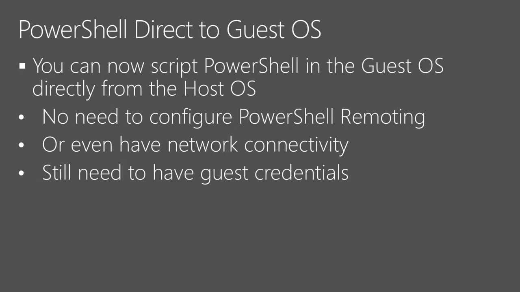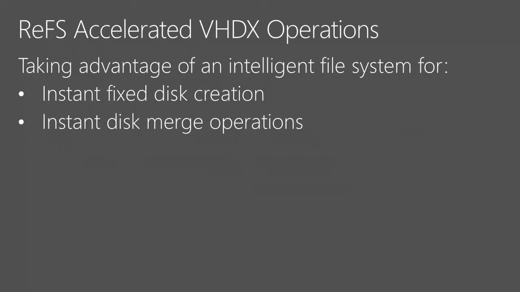It's crazy the amount of things you can automate and build with it. It's a very cool technology. We're doing this by allowing you to do PowerShell remoting directly over our VM bus channel. So there's zero configuration for the end user. You just sit down at a PowerShell command prompt, say, I want to run this command in that virtual machine, and it works. So it's a really cool feature.